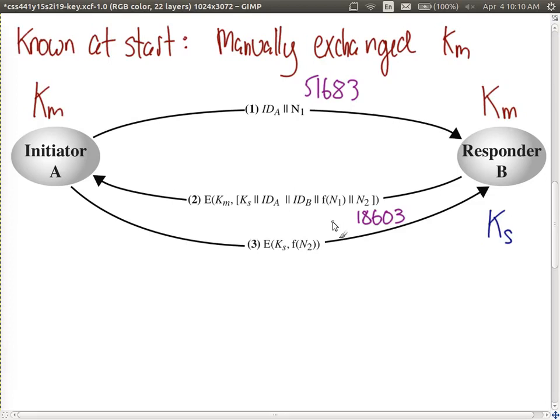What's the function? Well, it could be as simple as increment by 1, just to indicate that we know what the first nonce value was. And you'll see that's especially useful in the third message. So as an example of how this may be implemented, f of N1 may be 51683 plus 1.